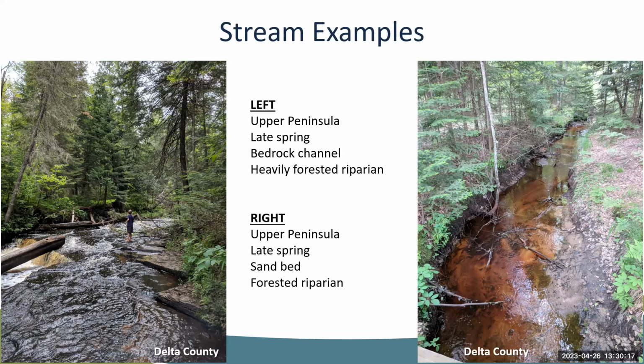On the right, similar Upper Peninsula, late spring. This is a different type of channel, sand bed dominated, and again, a forested riparian. But you can definitely see the bed of this channel, and you can see that the substrate is different from the upland. You can see scour, absence of vegetation, absence of leaves.